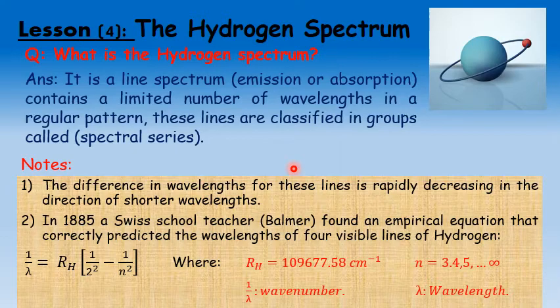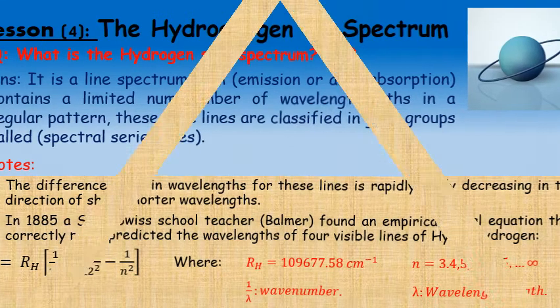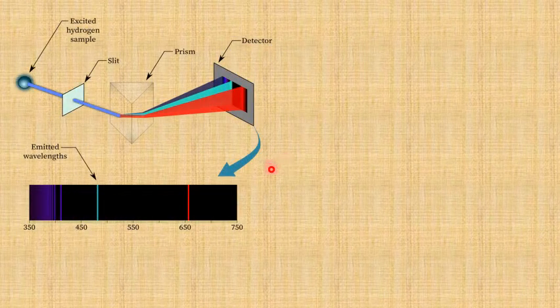Okay, now let's see how these lines look. If we put the excited hydrogen atom as a sample here in the spectroscope as we studied before, it will be like this.